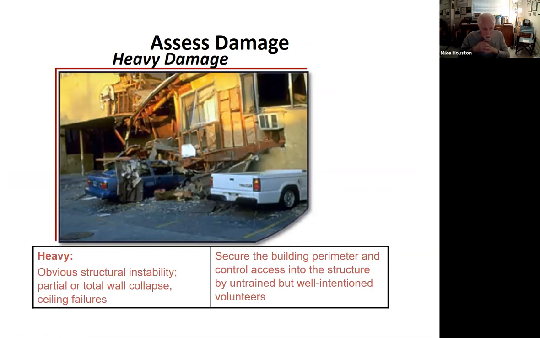Obvious structural instability, total wall collapse. What we see on top of the cars looks to me like the second story. You look over to the left there, the far left, there looks like a big steel pipe of some sort that's helping to support everything above it.